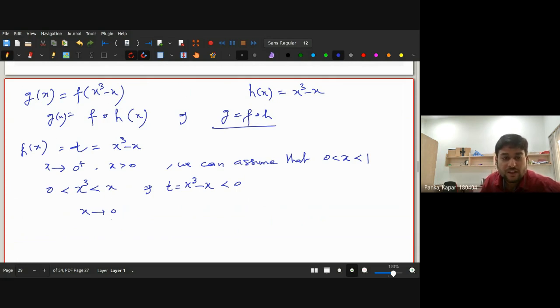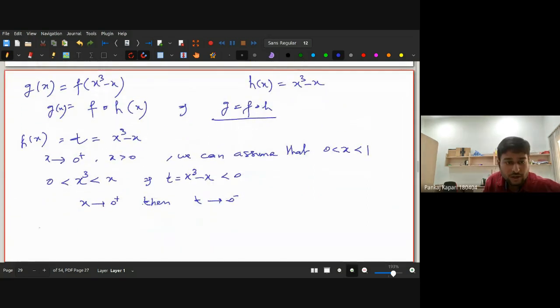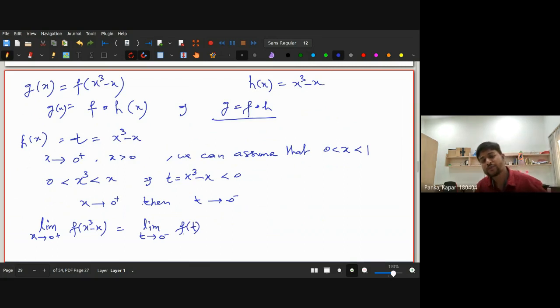When x approaches 0, t also approaches 0, but notice that t is negative. That means if x approaches 0 from the right hand side, t must approach 0 from the left hand side because t is negative. So the limit we want to find, when x approaches 0 from the right hand side of f of x cube minus x, is just the same as the limit when t approaches 0 from the minus side of f of t. So in the composition we have taken the limit of h.